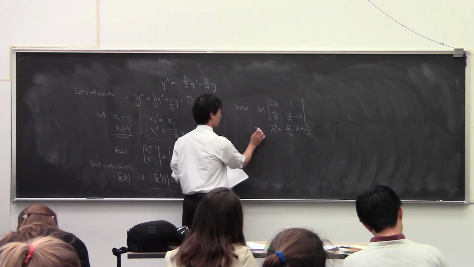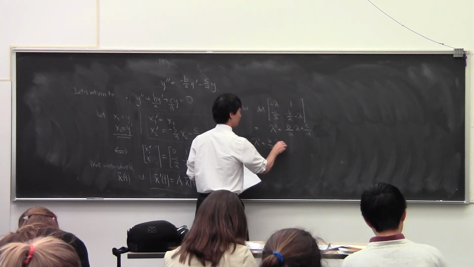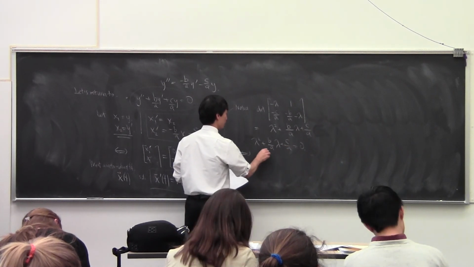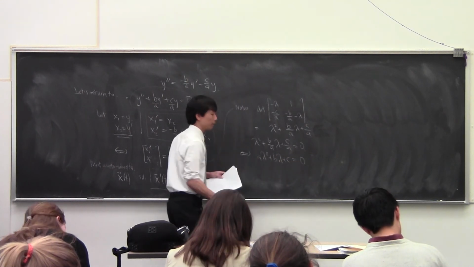That equals 0 is the same thing as saying that a lambda squared plus b lambda plus c equals 0.